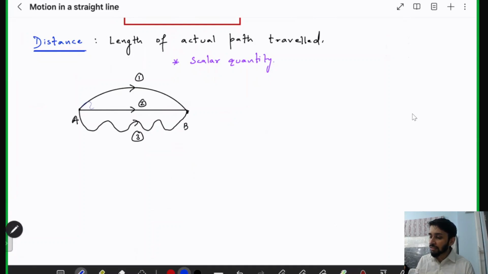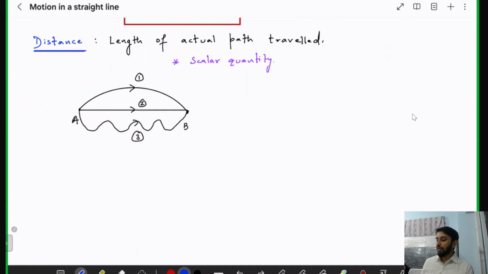So the length of this curved line will be the actual distance that you're traveling. Whereas displacement is going to be the shortest distance.